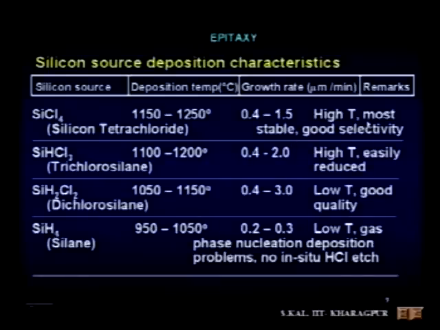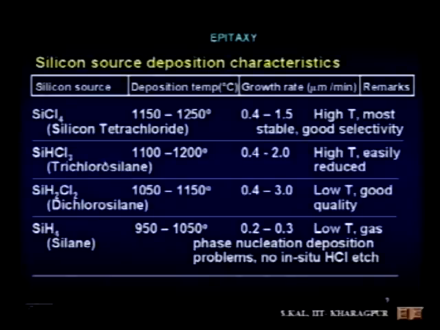These are the three important remarks you can make for the silicon tetrachloride reaction. This table basically compares the different reaction mechanisms in the VPE process, which are not very often used in epitaxial reactors. Silicon tetrachloride is highly stable with good selectivity, but the disadvantage is that it is a high temperature process, 1150 to 1250 degrees centigrade, and you can have a considerable growth rate, 0.4 micron to 1.5 micron per minute.